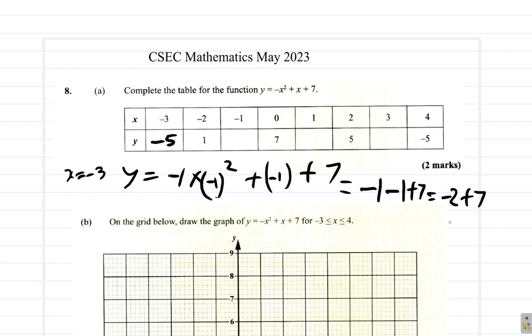Alright? Now here, negative 2 plus 7 is going to be a positive 5. So you see that?